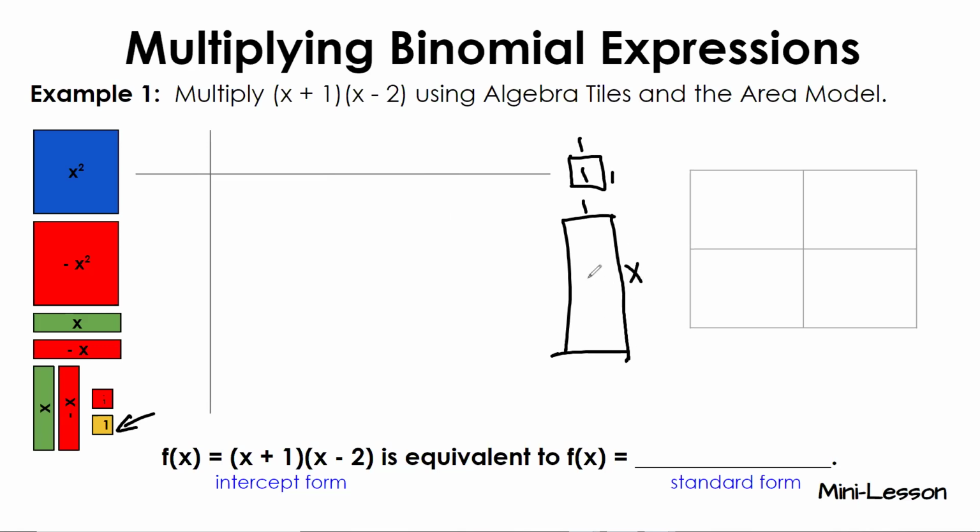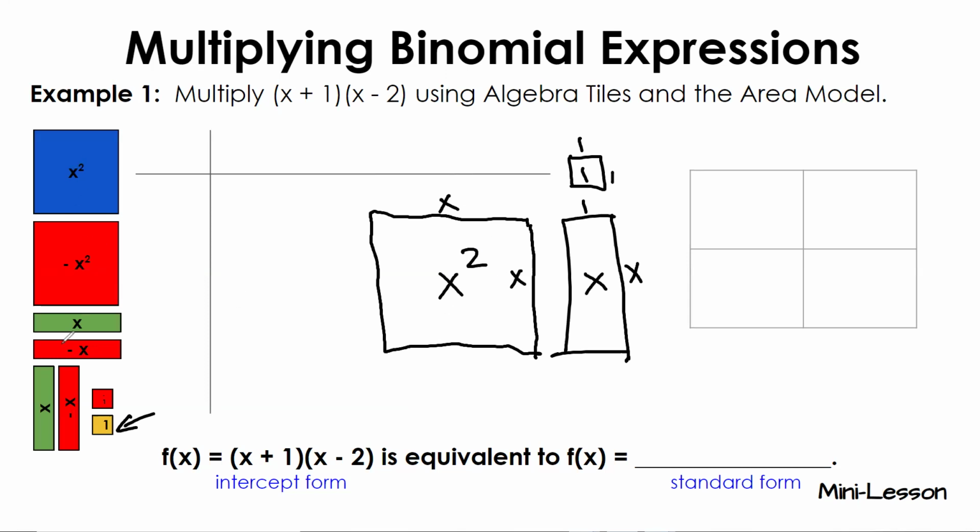What's 1 times x? X. Okay. Then we have a blue piece. And it has a width unknown and a length unknown. What's x times x? X squared. But all of these represent areas. Yeah? With me so far?